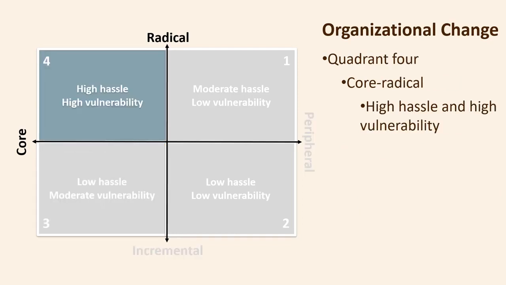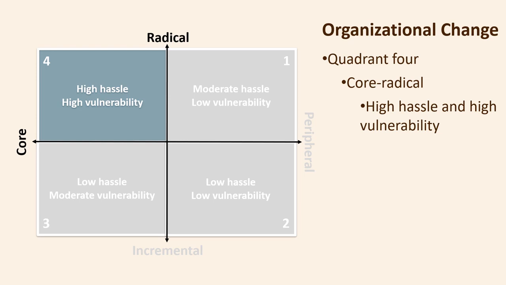In Quadrant 4, in the upper left corner, change is perceived as a radical departure from existing arrangements and is perceived to affect the organization's core activity. The change is most likely to present the change agent with multiple implementation problems, both organizational and technical.